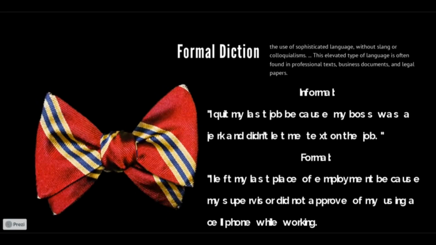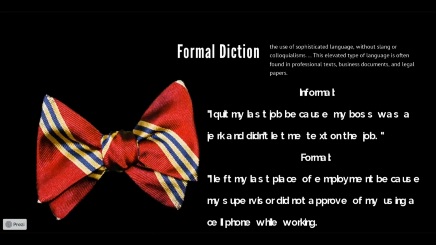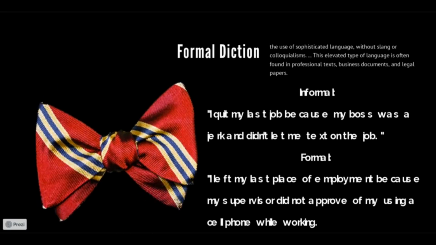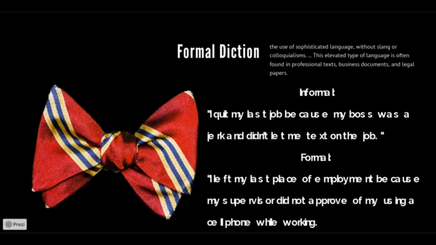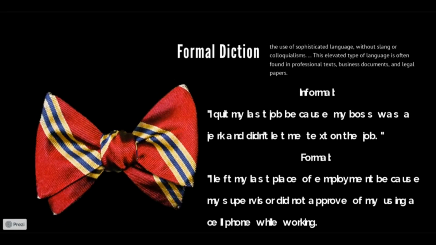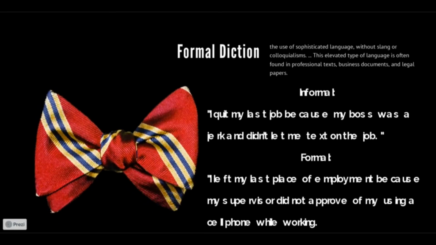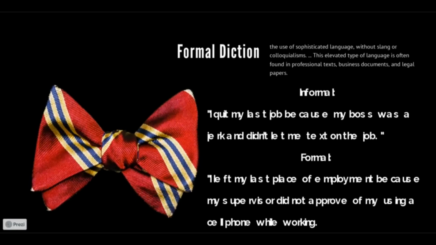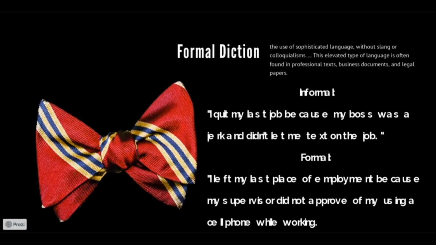So when you do formal diction, you want to cut out any slang, any colloquialisms, anything that makes you appear more informal, because you are trying to impress somebody when you use formal diction. So an example of another informal quote that we're going to turn into a formal one was, I quit my last job because my boss was a jerk and didn't let me text on the job. Okay.